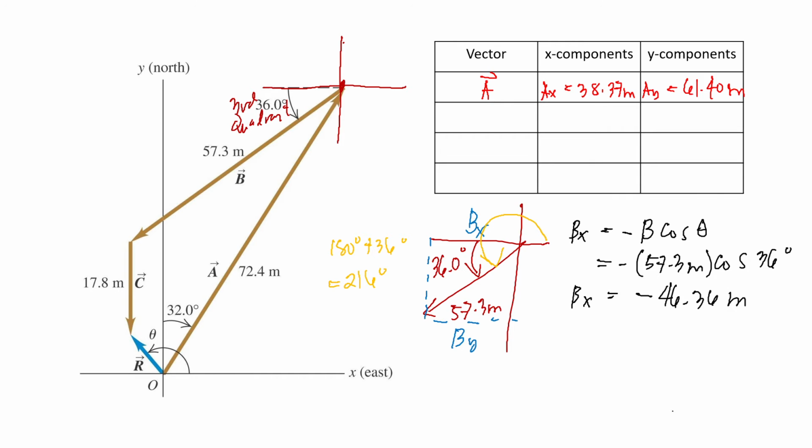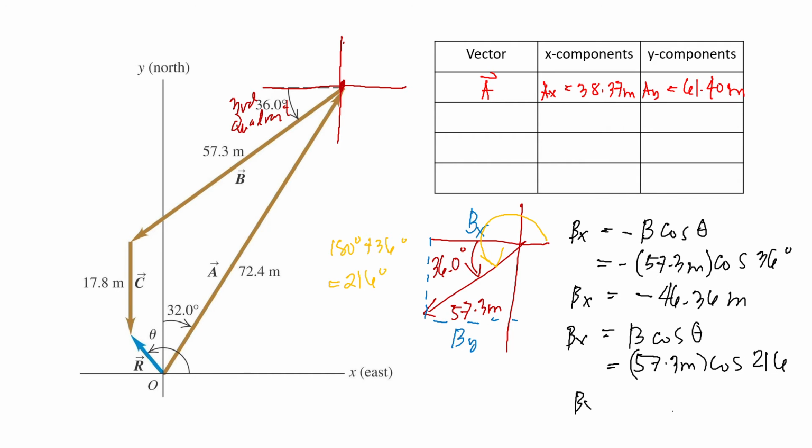I'd like to use this one often, although sometimes I feel that this is confusing. So we can use your 216 degrees. If I use the 216 degrees, we will just automatically use your b cosine theta, and then you have 57.3 meters cosine 216.